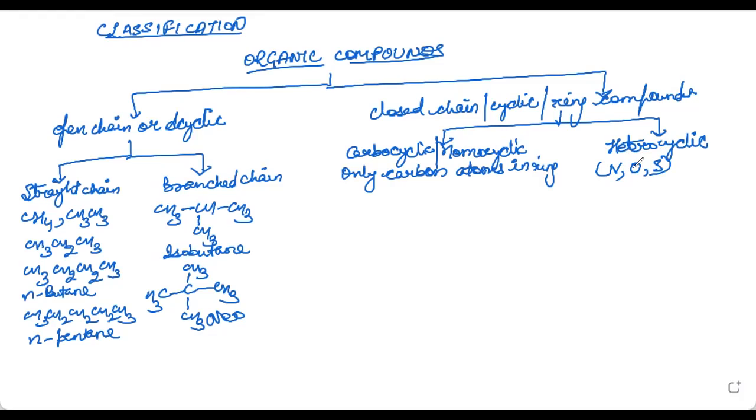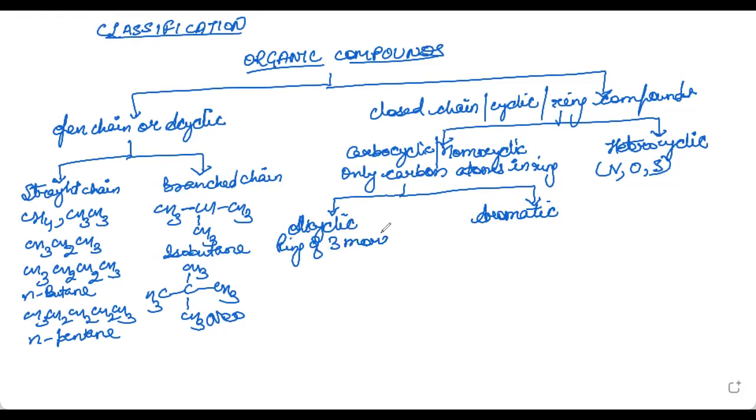Clear? Then these carbocyclic compounds can be further classified into alicyclic and aromatic. Now, alicyclic means there will be a ring of 3 or more carbon atoms.